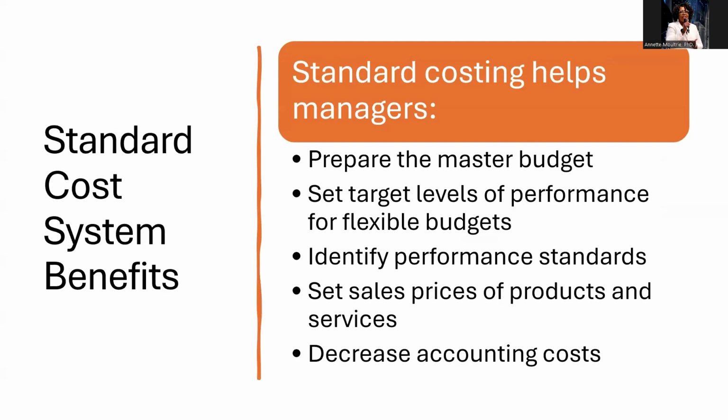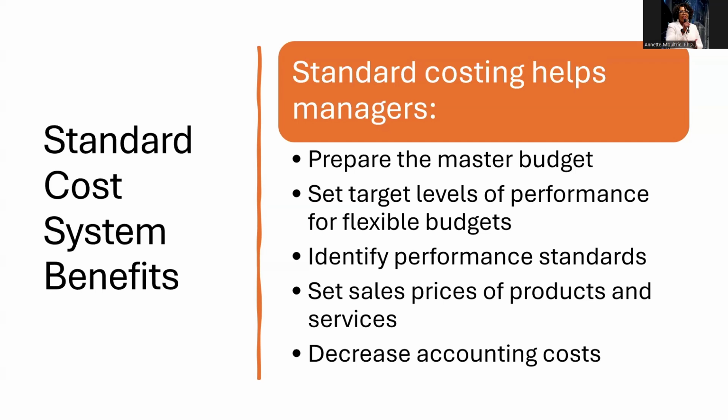Standard cost systems benefits. Standard cost systems are widely used by manufacturing companies in the US and, of course, around the world. Now, these systems, what do they do? They help managers. How do they help managers? One, they prepare the master budget. They set target performance levels for the flexible budget.